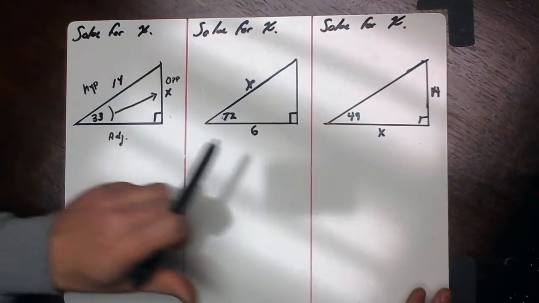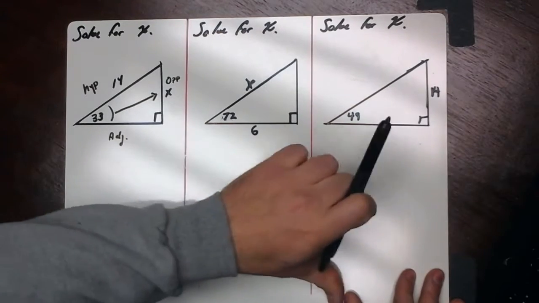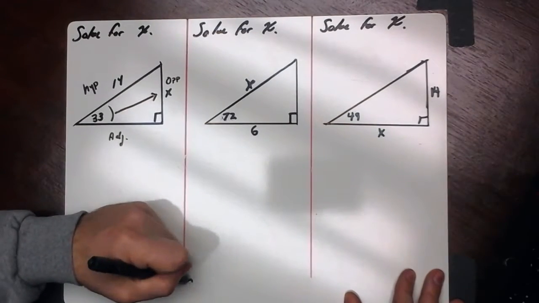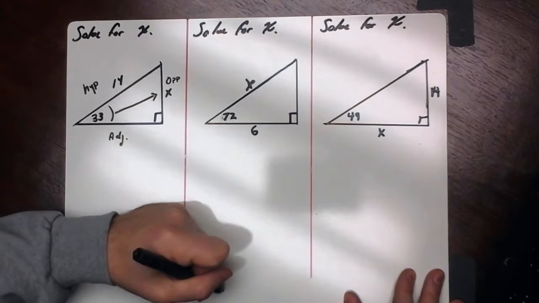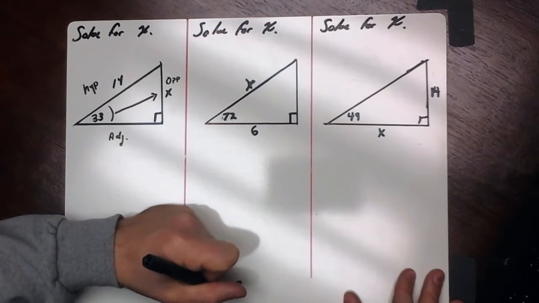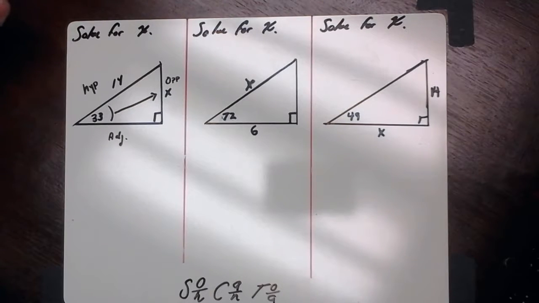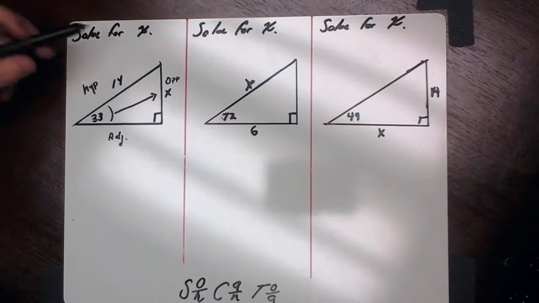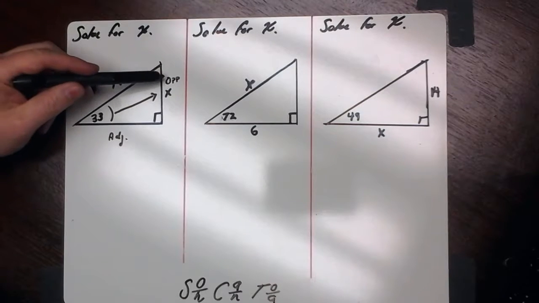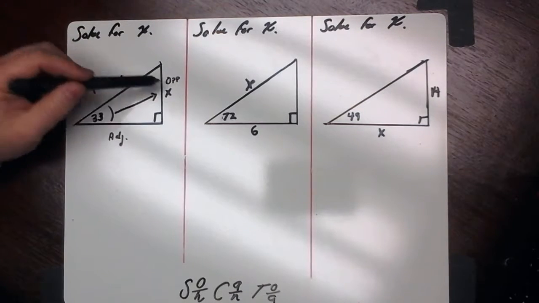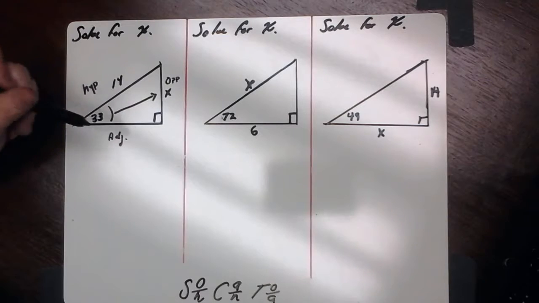Well, looking at SOHCAHTOA, which I'll write down here so it's out of the way, that's the acronym for the 3 ratios. I have to pick one of these ratios. So sine, opposite, and hypotenuse is what fits here, because they gave me the hypotenuse and they want me to find the opposite side.